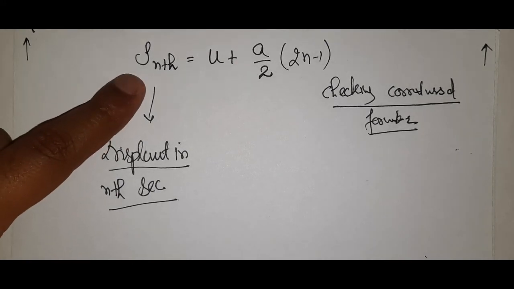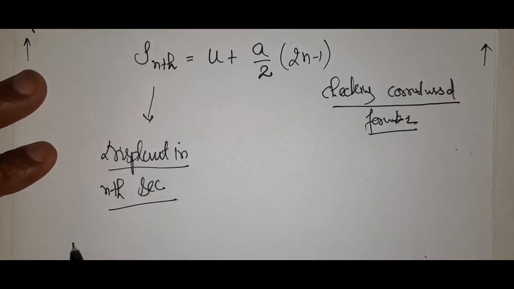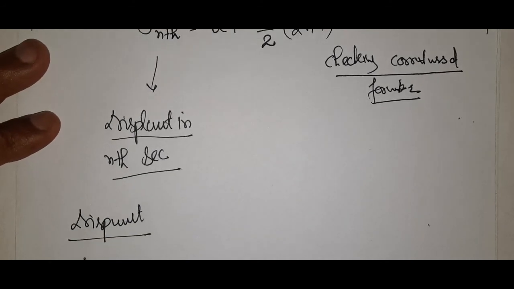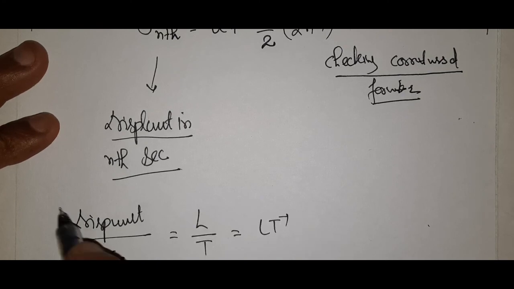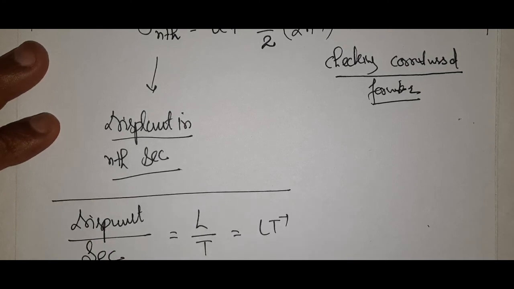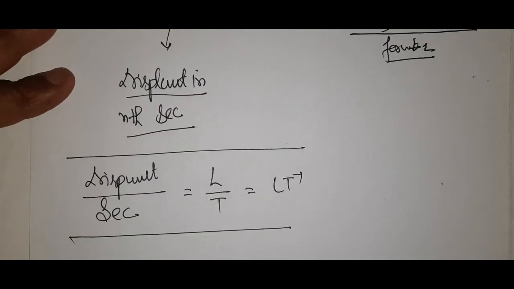Displacement in nth second, its dimensional formula will be that of displacement, because here the second is just the time point. So displacement in nth second gives LT minus 1. This is your first term, displacement in nth second. Hope you have understood.